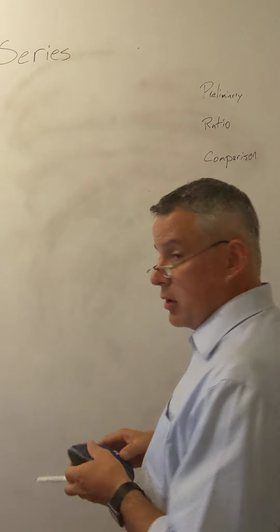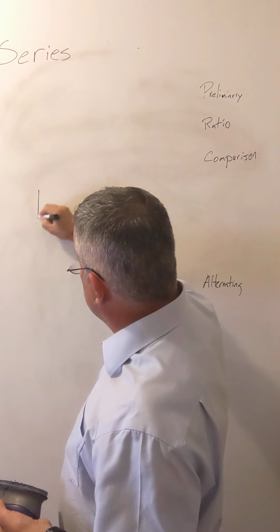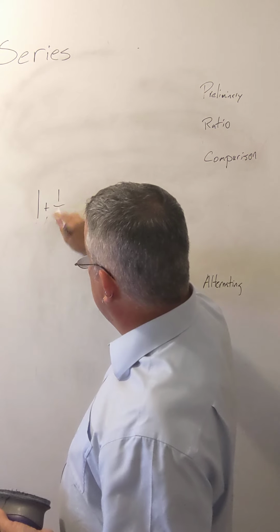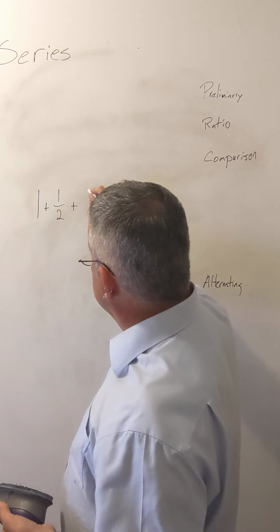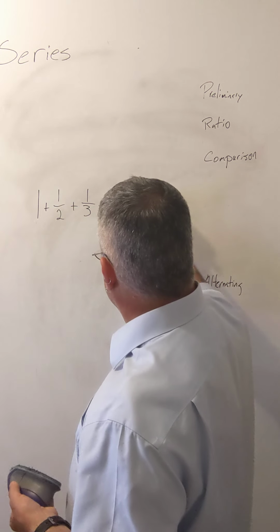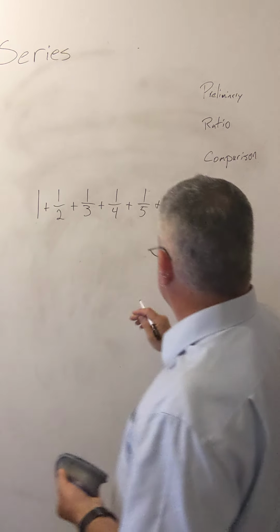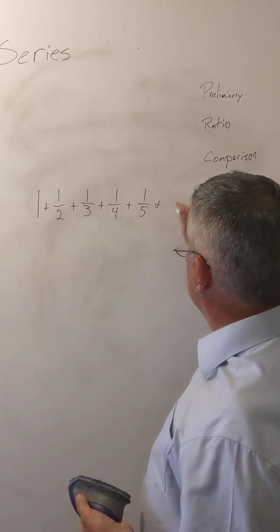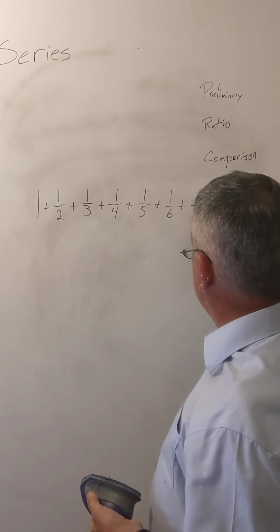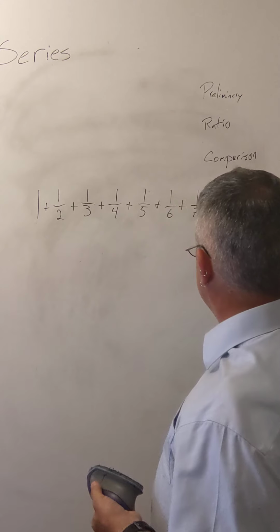Let's talk about one particular one which is called the harmonic series, which goes 1 plus 1/2 plus 1/3 plus 1/4 plus 1/5 plus dot dot dot. Actually, let's do a few more: 1/6 plus 1/7 plus 1/8 plus dot dot dot.